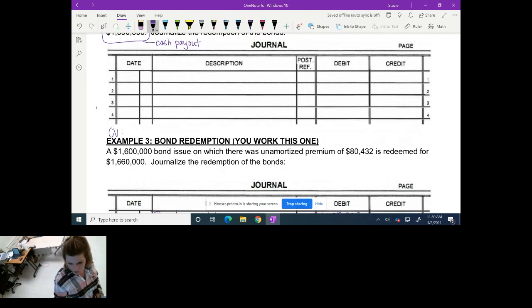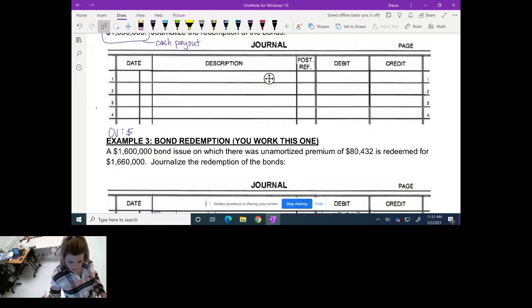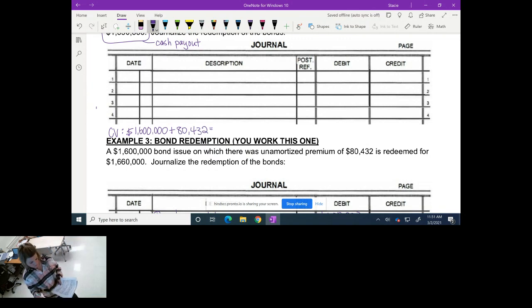All right, so your carrying value, when you have a premium, you take bonds payable and add the premium to it. So we're going to take our $1,600,000, and add the premium amount. Now I'm missing a zero. Hang on, I thought we were on number 2.